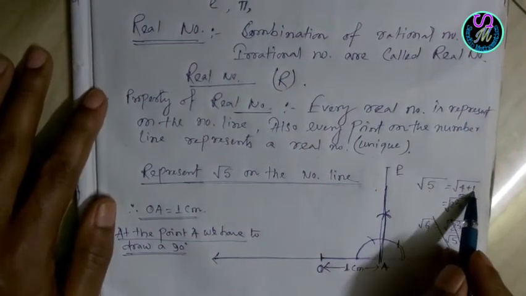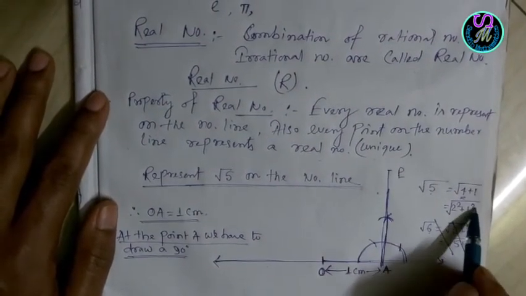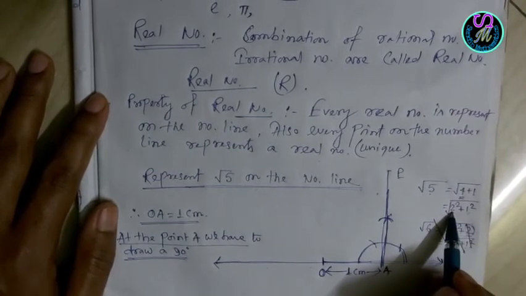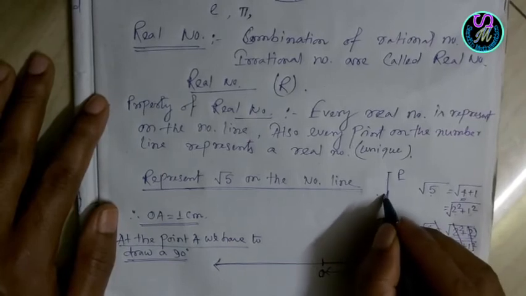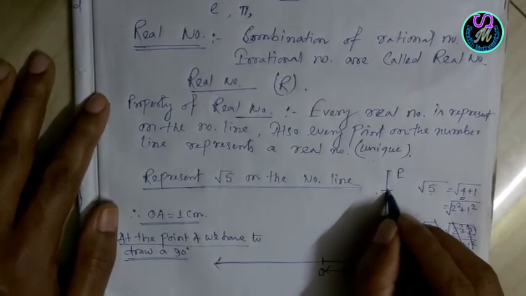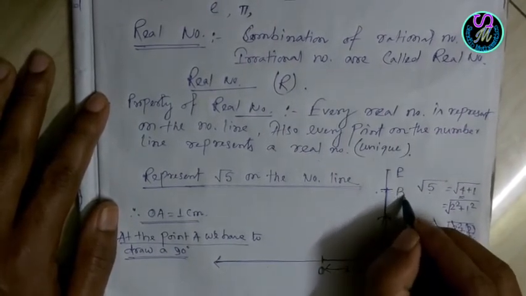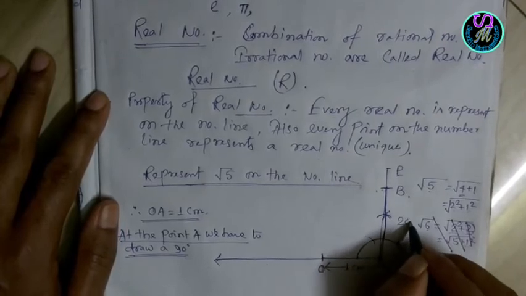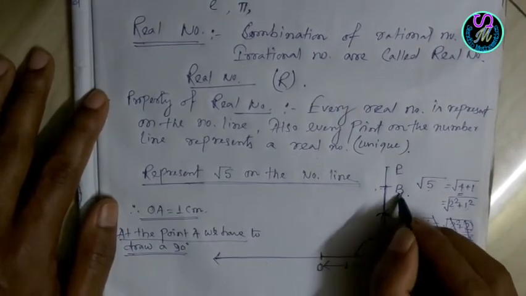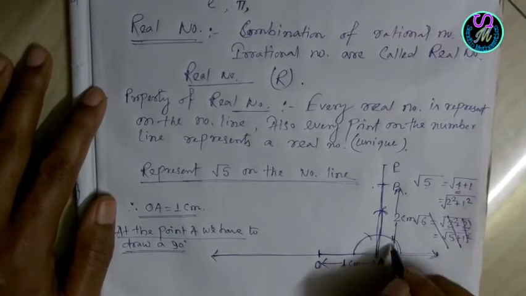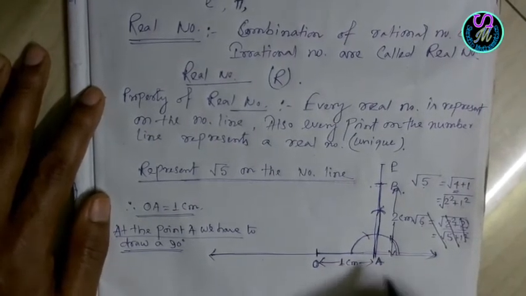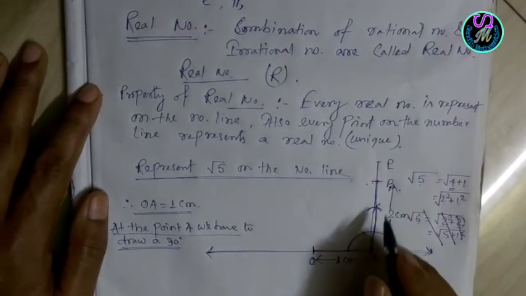For root 5, the first part, 1 square, is completed. Then we have to measure 2 centimeters, starting from A. Suppose this is point B, and AB is 2 centimeters.